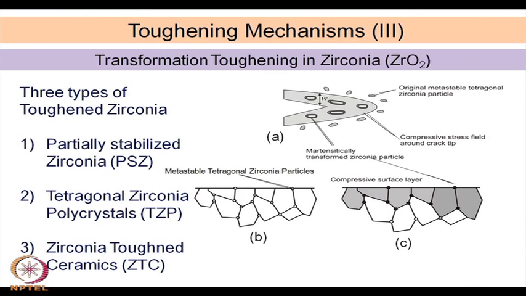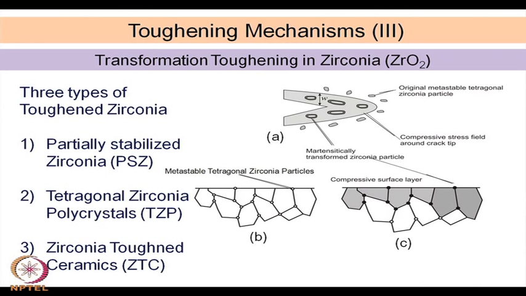At room temperature it is monoclinic, fairly above room temperature, about 1100 to 1200 degree centigrade, it transforms to a tetragonal phase, and then at a much higher temperature, about 2200 or so, it actually transforms to cubic.